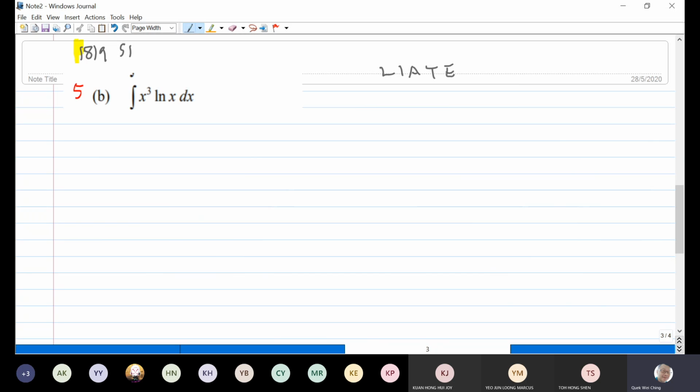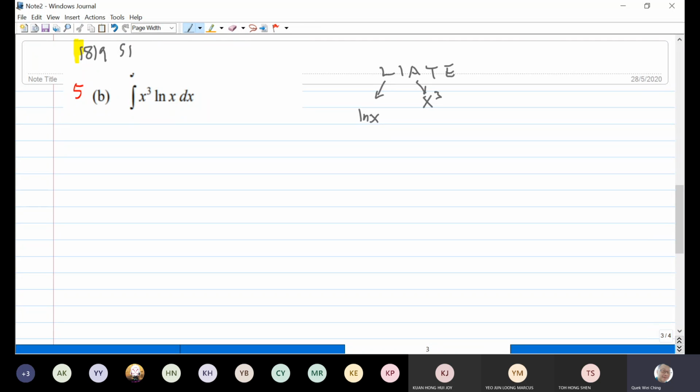So you look at what are the functions you have. You have this log x straight away under L. You have x cubed under algebraic here. So we follow that. Okay, U is always for L. For the sequence, whatever is in front is U here.